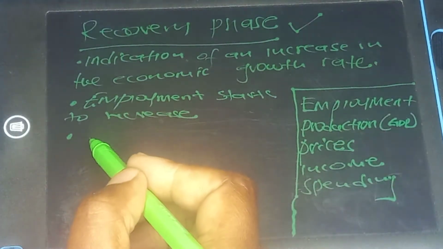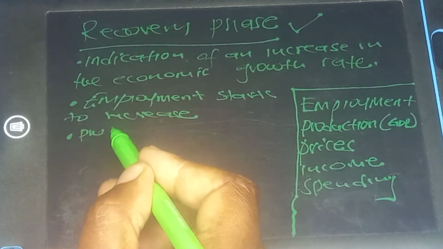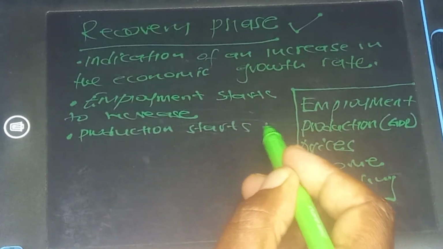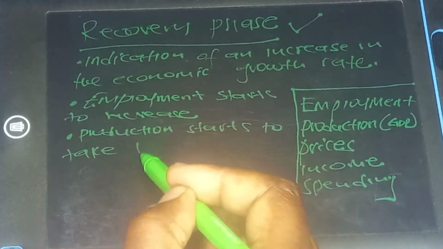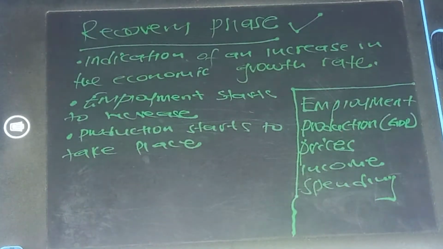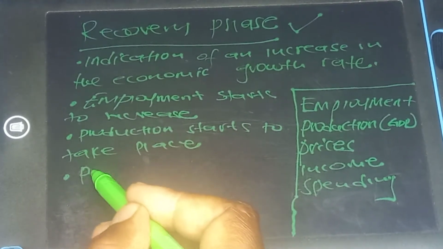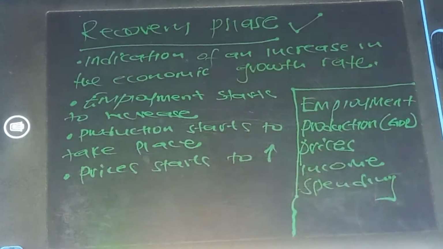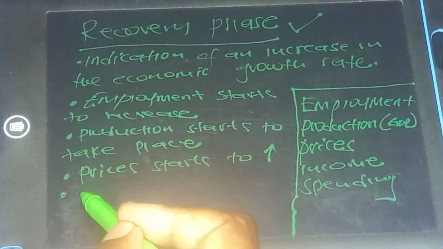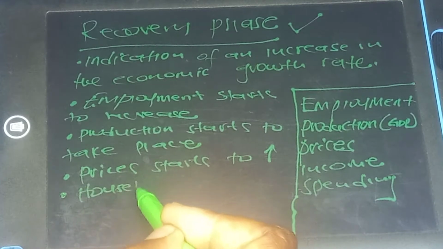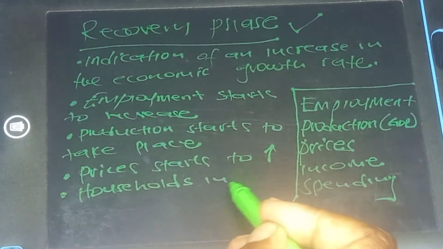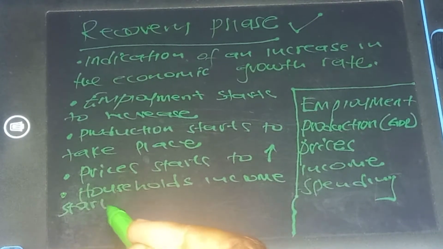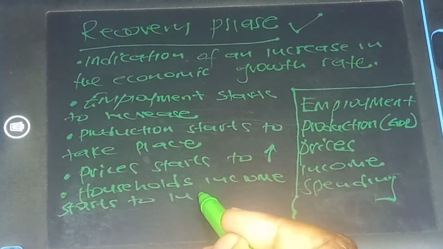Production or GDP, you can say production starts to take place. Do you see that? Prices start to increase. Households' income starts to increase.